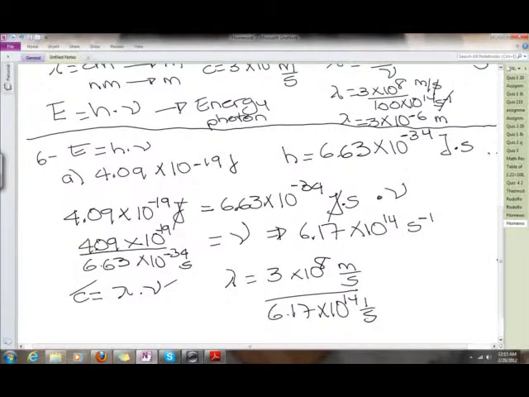So second and second cancel, and it gives you a value of 4.86 by 10 to the minus 7 meters. And that's the answer.